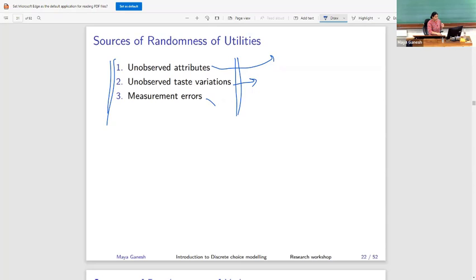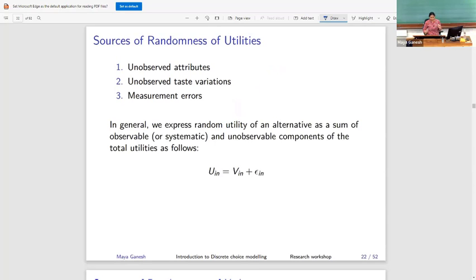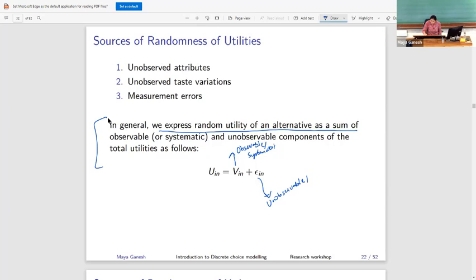So this is the reason we express this random utility as two components. One is the observable component, or what we call the systematic component, and the other is the unobservable component. We call this the error, or the disturbance. So the utility which we started off with, we are now breaking down into two components.